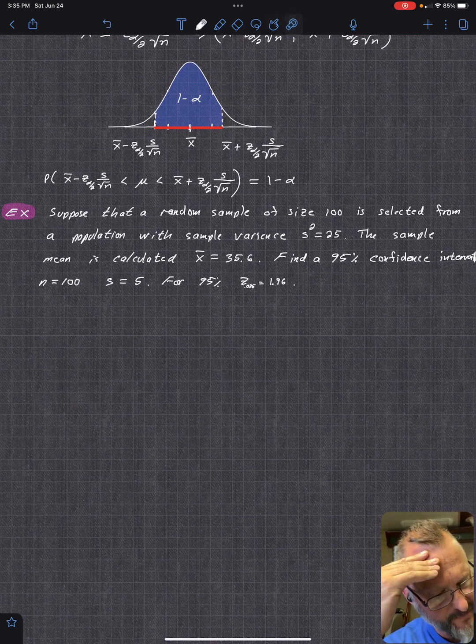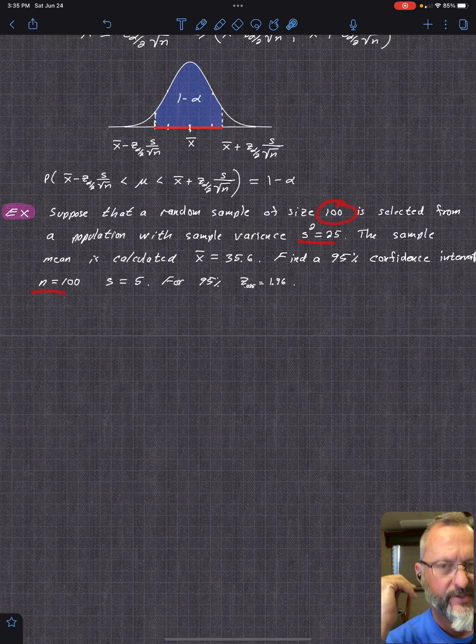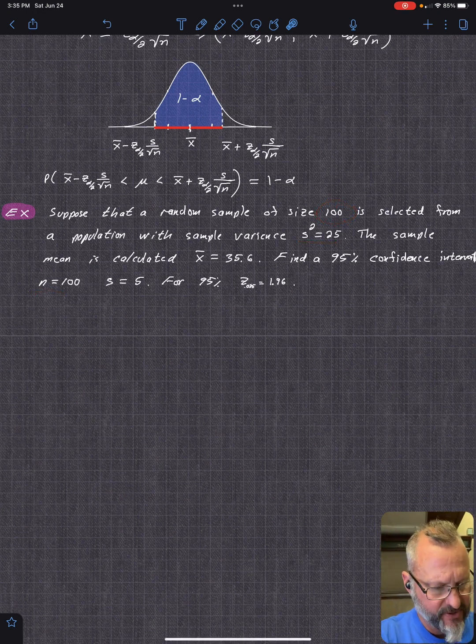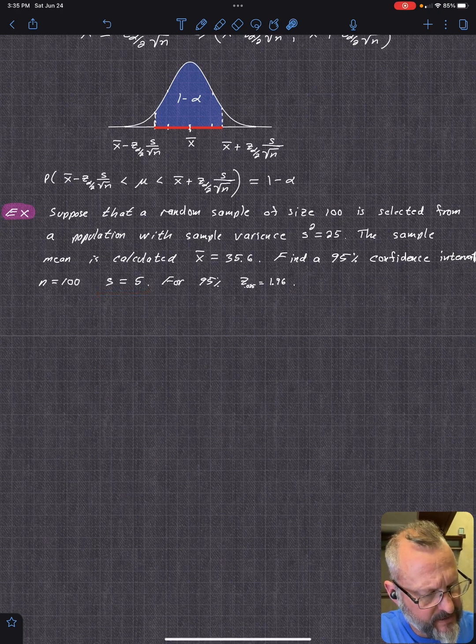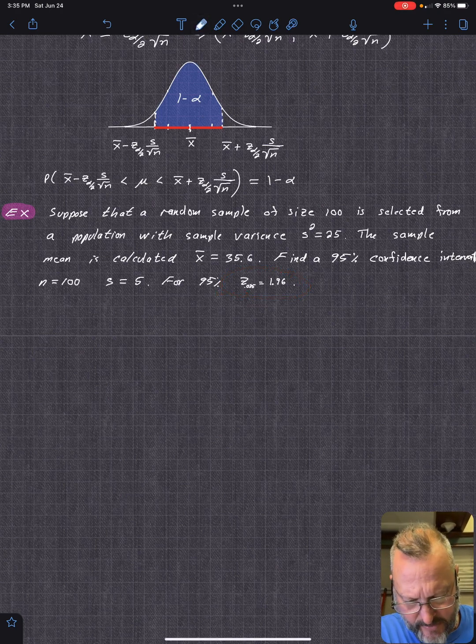And so you start writing down the information. You're given your sample size, that's your n. You can calculate your standard deviation. Sample standard deviation is 5. And then it said 95%. And then we know for 95%, your z-score is 1.96, which we did that calculation earlier.